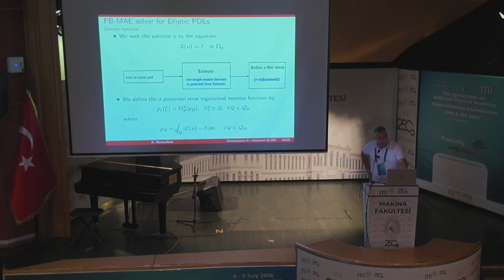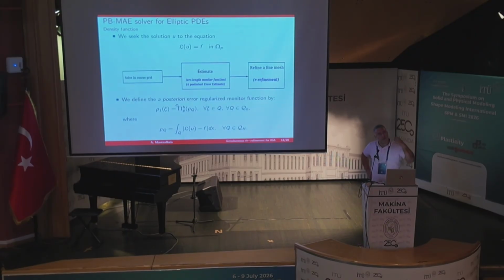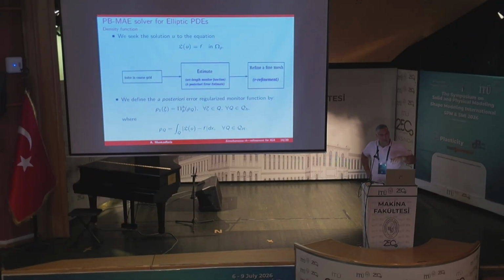So then we put everything together. One more ingredient is that we need to actually generate this monitoring function. When you have an a posteriori error estimator, usually you have an error value for each element. So you know the error in every element, but that's a discontinuous function. These are just sub-values. The first thing we want to do is generate a smooth monitoring function, because we need such a function for solving the optimal transport problem.